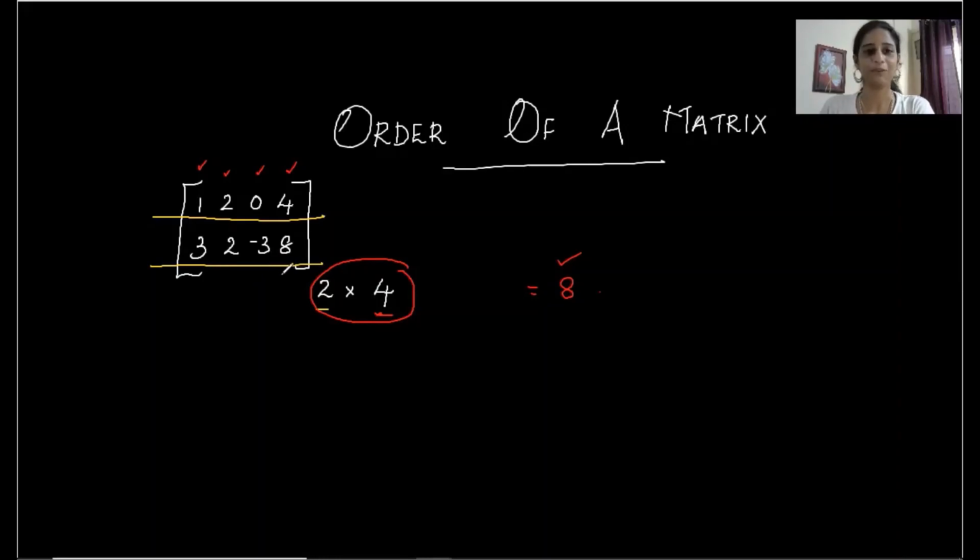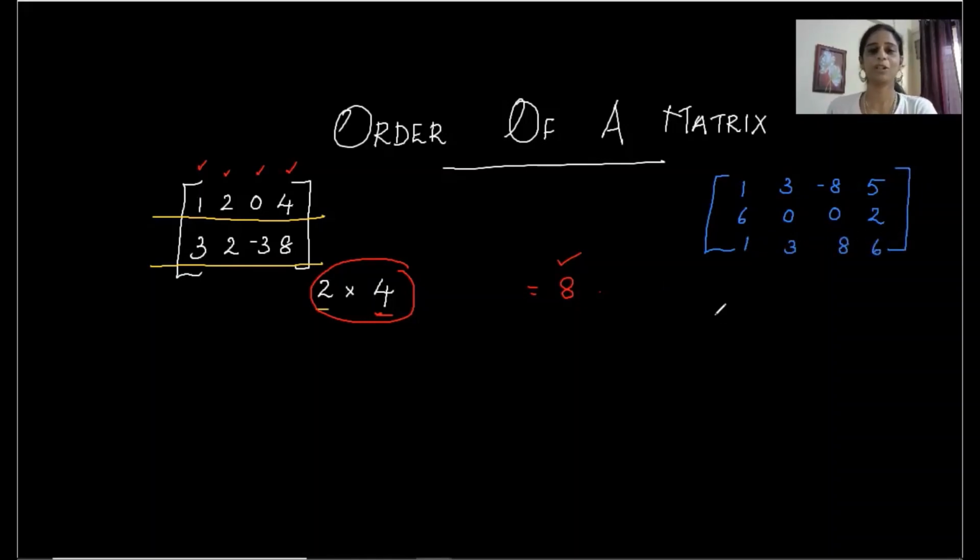We'll give you one more example. Another matrix: 1, 3, negative 8, 5, 6, 0, 0, 2, and 1, 3, 8, 6.